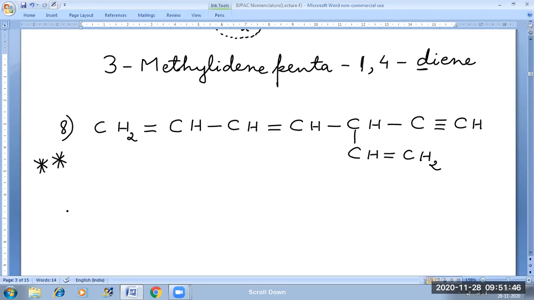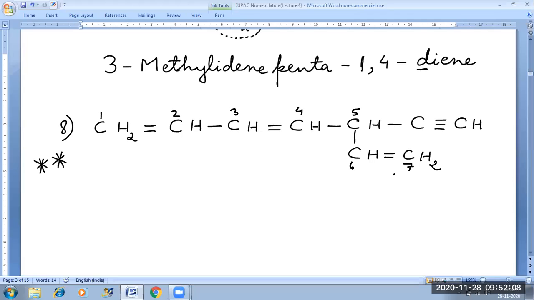Now this has to be first numbered and checked. So 1, 2, 3, 4, 5, 6, 7. First point. Now there are 2 possibilities after 5.